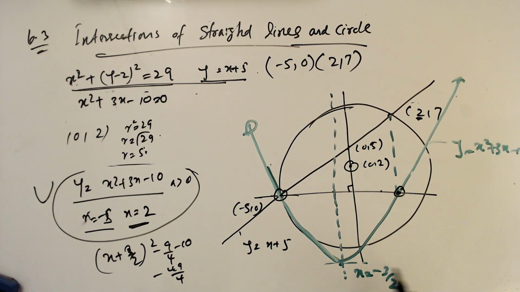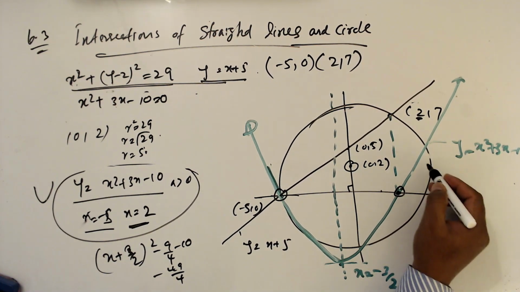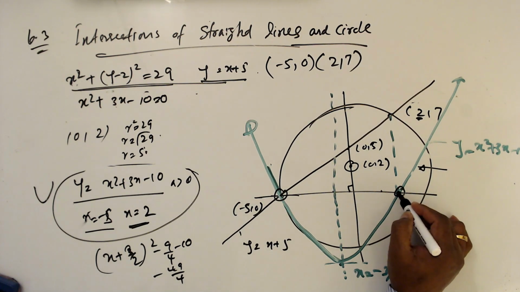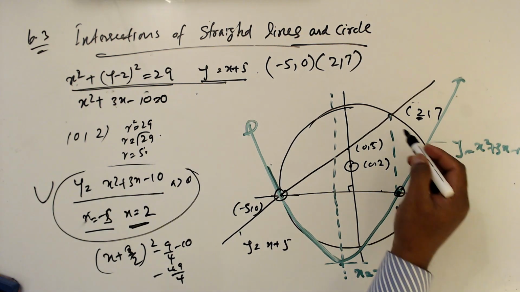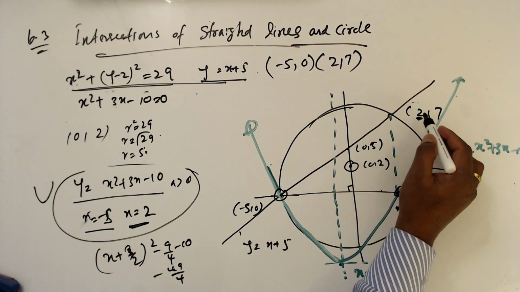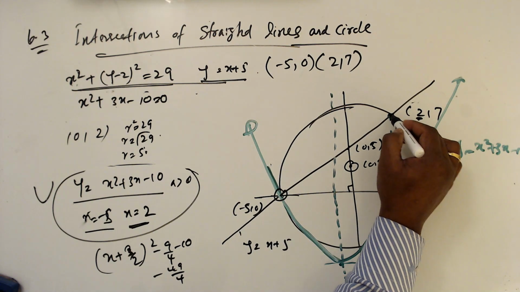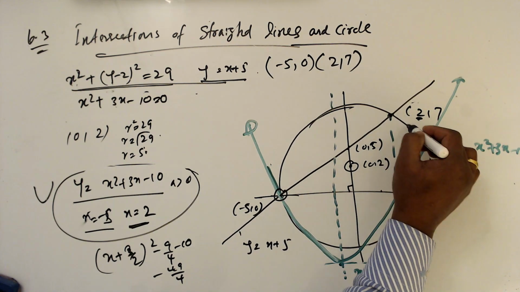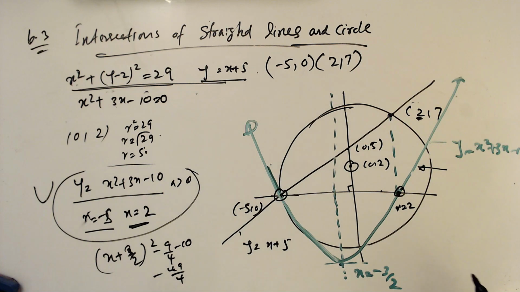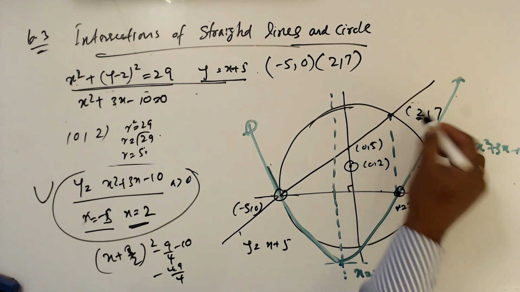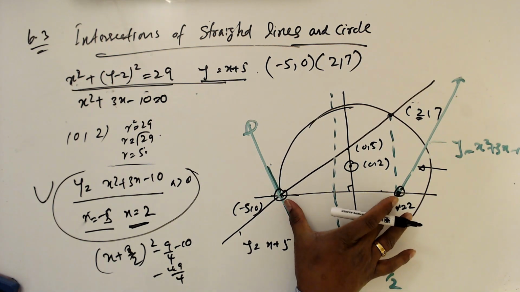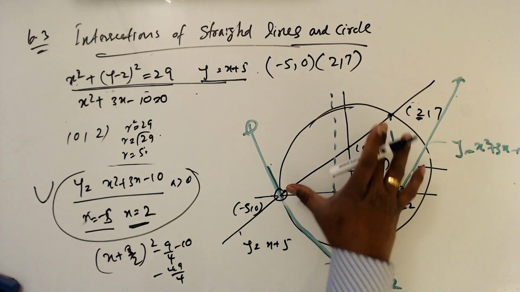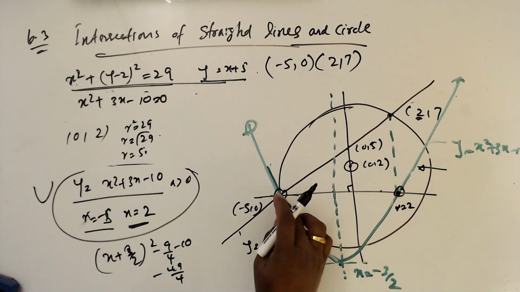In other way, what you can tell about the root of this green curve, so here x equal to 2, and the x value of the intersection point of this line and the circle, which is 2. They are the same. That's why we will tell that if there are two roots, then two intersection points, this one and this one.